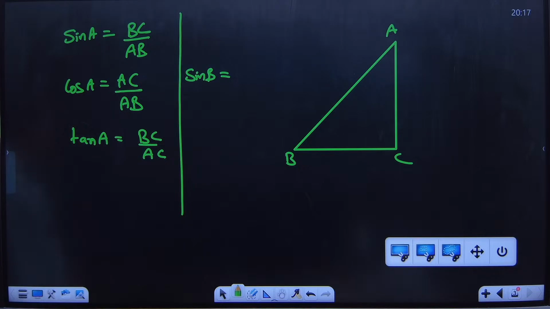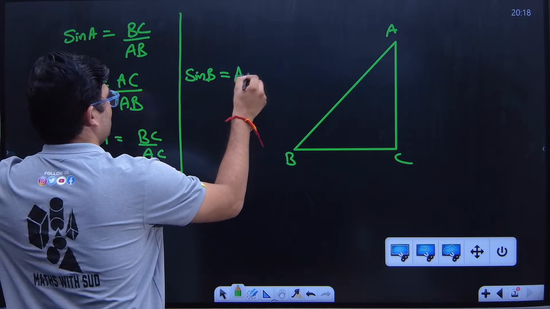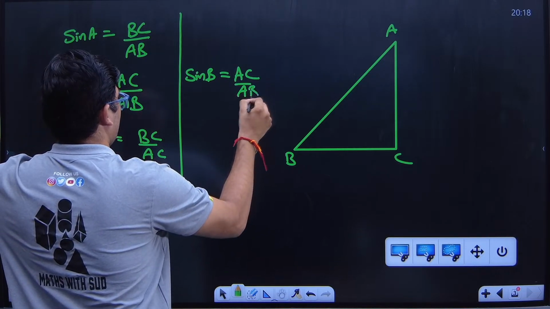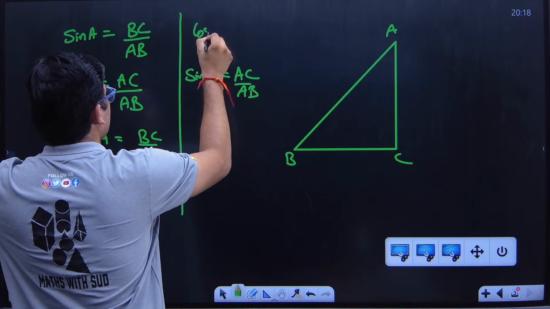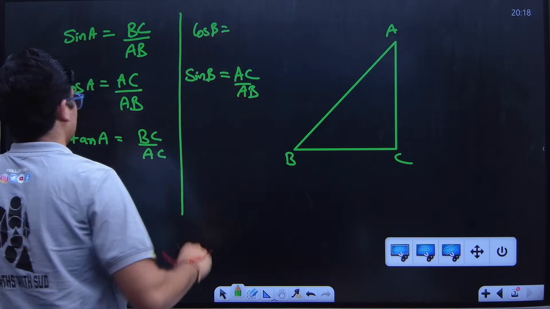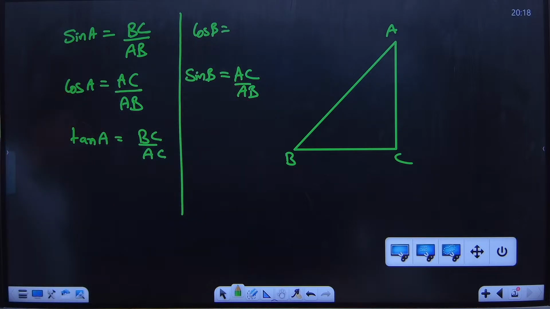Now, can you tell me what is sine B? AC upon AB. Very good. Can you tell me what is cos B?